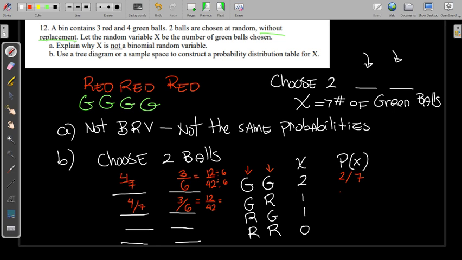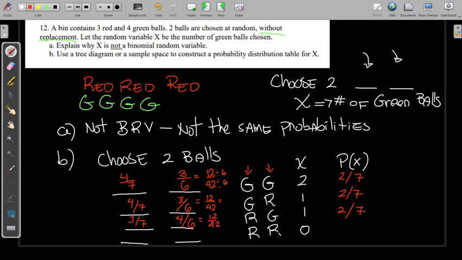It simplifies to 2 over 7. You can guess that red and green is probably going to be the same. Red is 3 reds out of the 7, but the second time you pick a ball, it's going to be a green. You still have the 4 greens, but you don't have 7 because you did it without replacement. You only have 6, and that will give you 12 over 42, which also remains the same.